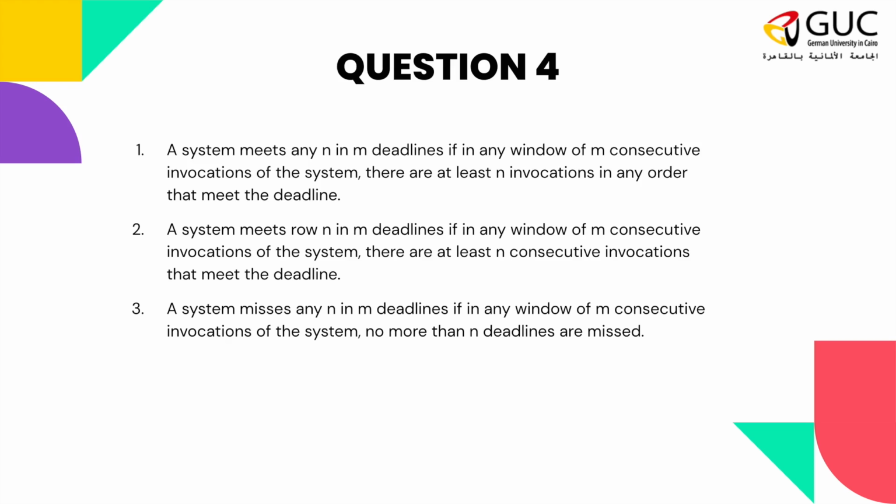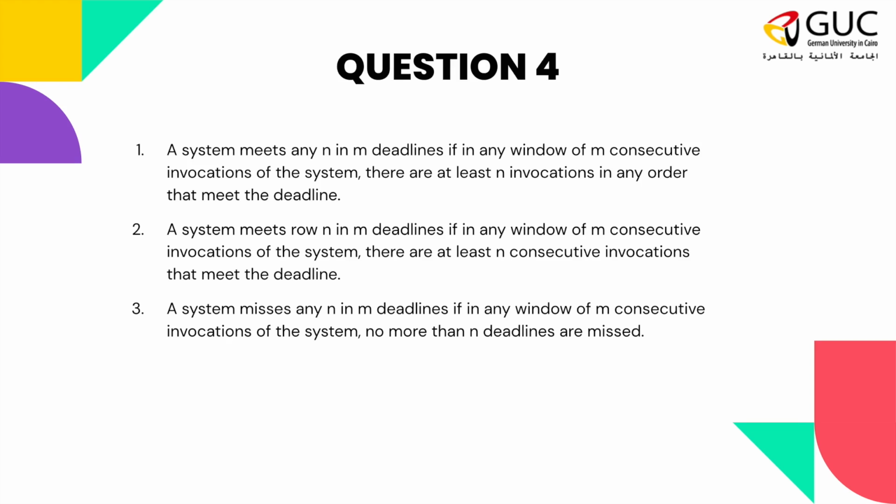A system misses any n in m deadlines if in any window of m consecutive invocations of the system, no more than n deadlines are missed. And take care, we are tackling the misses and not the meets. So to say that a system has missed n in m deadlines in any order means that no more than n deadlines are missed in any order.